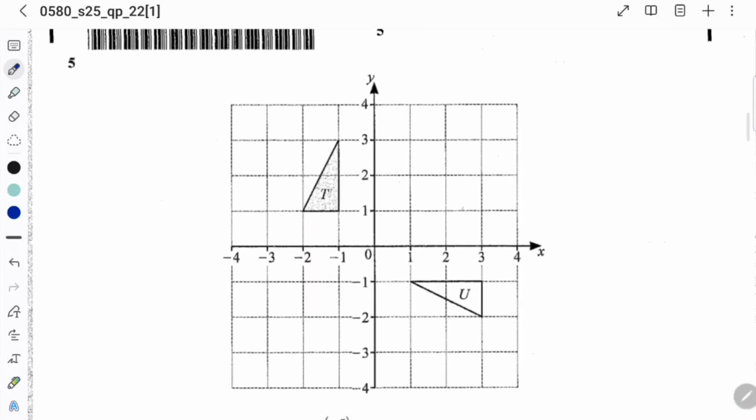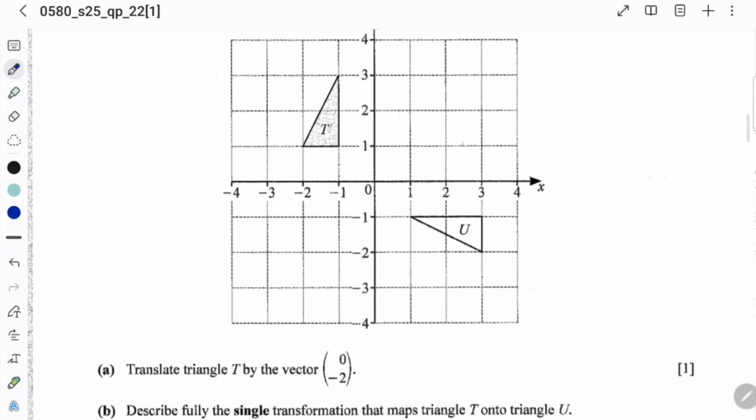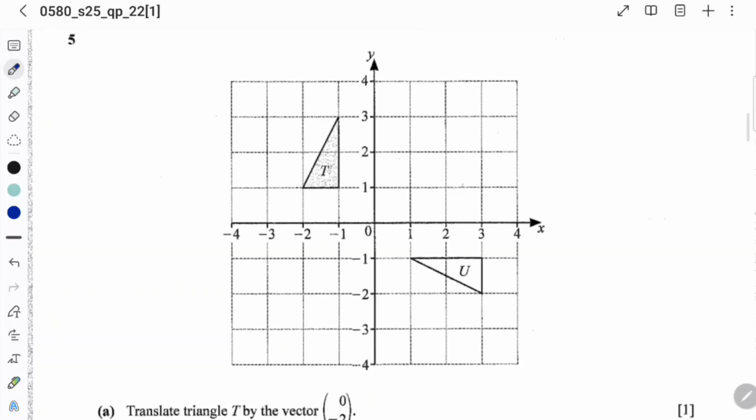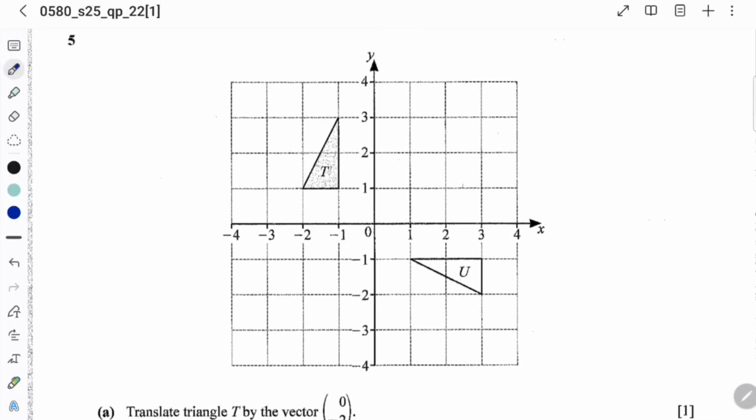Now the next question, question number 5: translate triangle T by the vector (0, -2). The x-direction we don't have to move, we just have to bring this diagram 2 steps down.